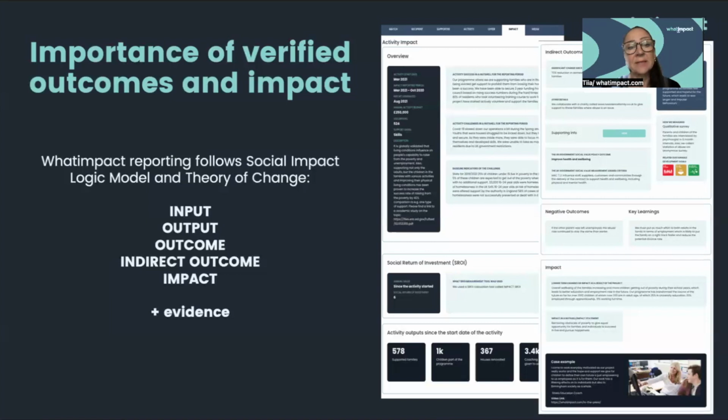And this all starts from your own theory of change, of course, and some bits like the longer term impact are not always available as data, because it might take years for impact to accumulate and form. But you can still state your aimed impact, and for every bit of this process, whatever evidence you have to back it up, you can place it in our impact reporting.